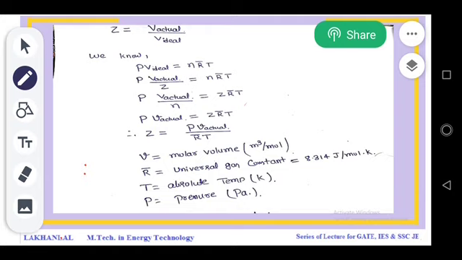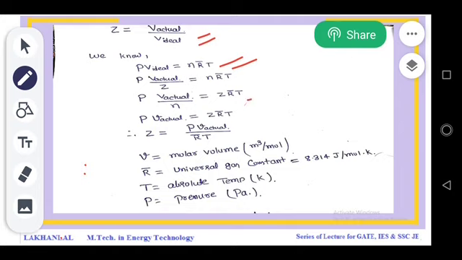So Z is equal to V actual divided by V ideal. Now we know PV ideal is equal to nRT. So just put V ideal is equal to V actual divided by Z.